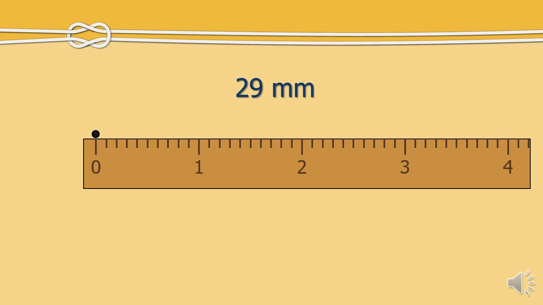And you go to the 2, that would be 20 millimeters. If you go to the 3, that would be 30 millimeters, but that's too far. So we need to back up one little line. Do you see where you need to put the dot? Right there. Now you're ready to draw your 29 millimeter line. And there you have it. Not too bad, right? You might want to practice a couple of those on some scrap paper.